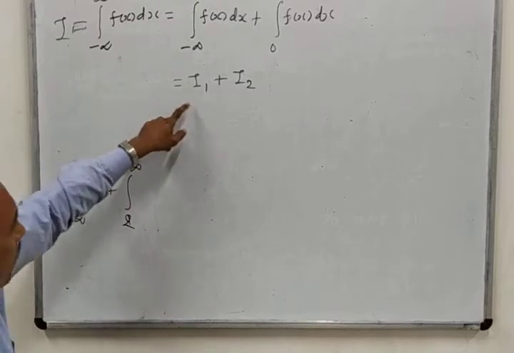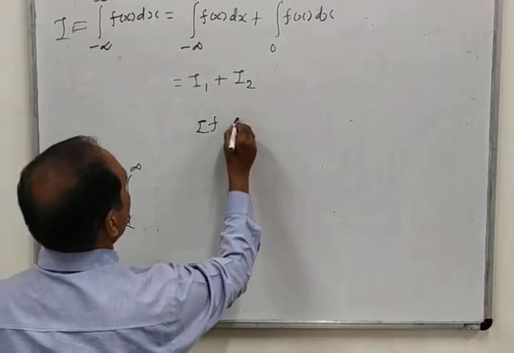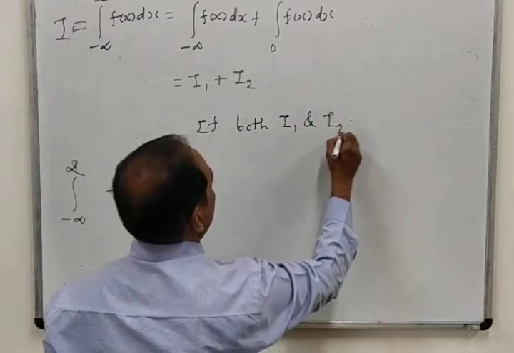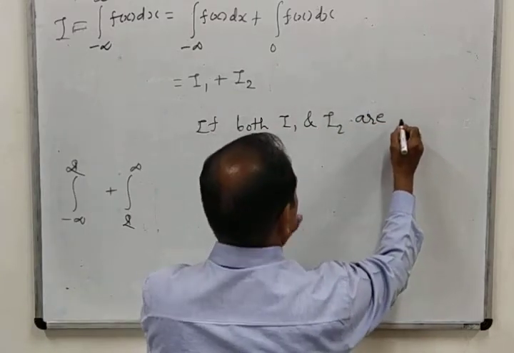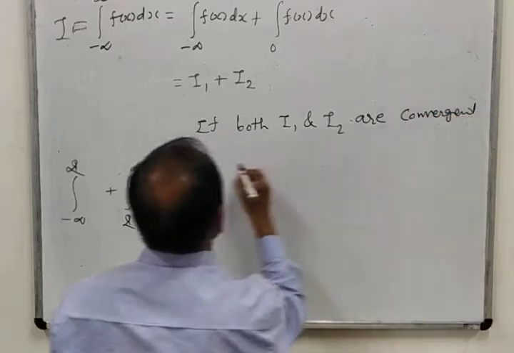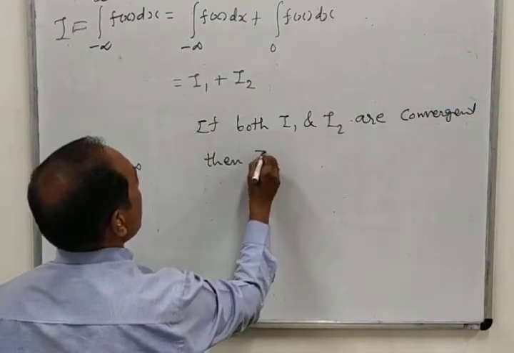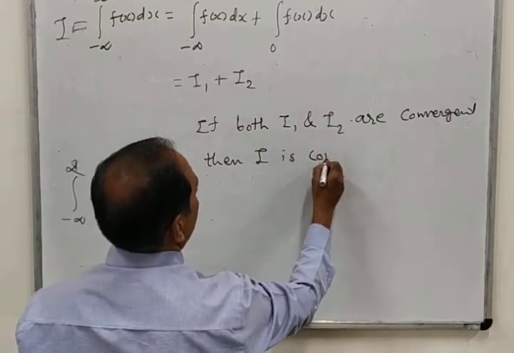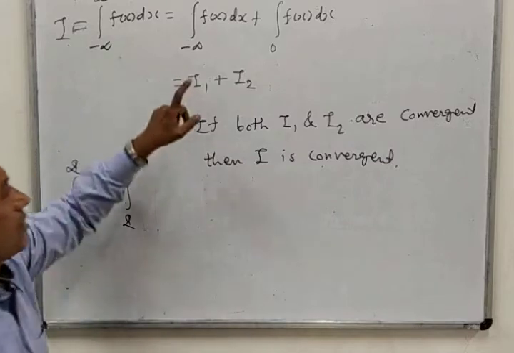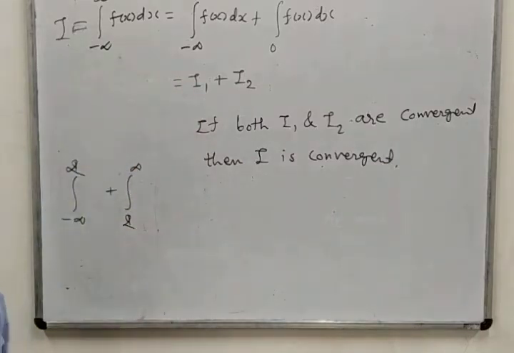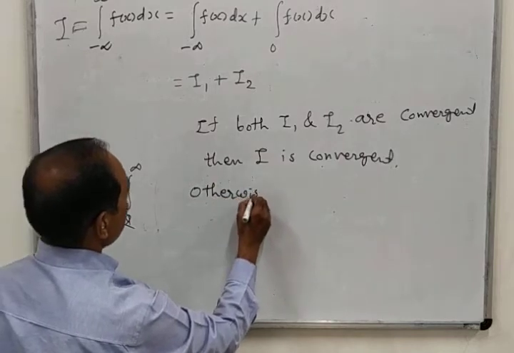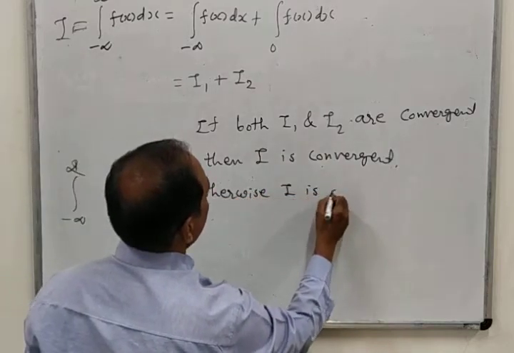If both I1 and I2 are convergent, then I is convergent. Otherwise, I is divergent.